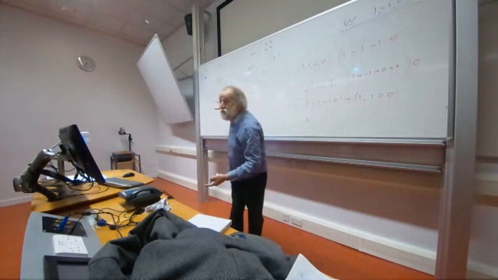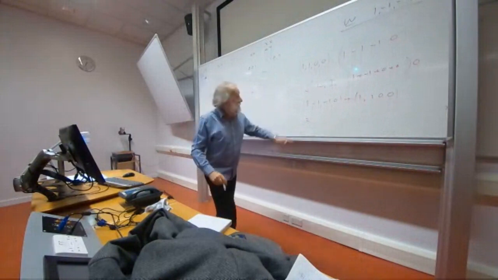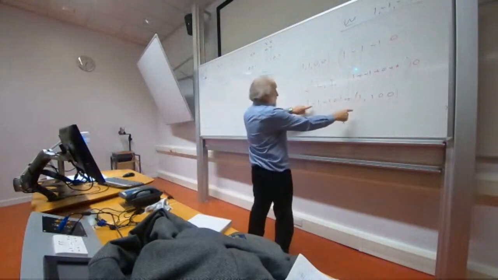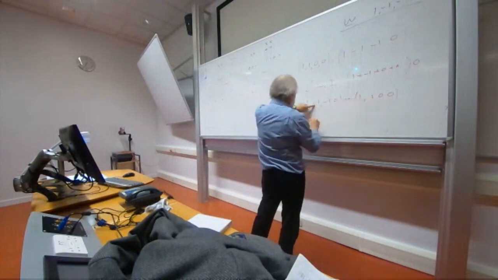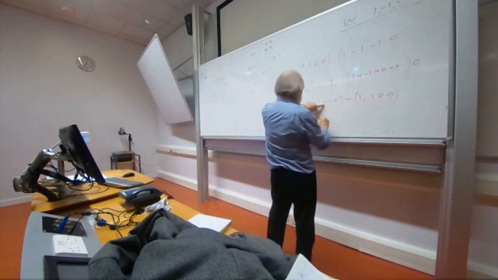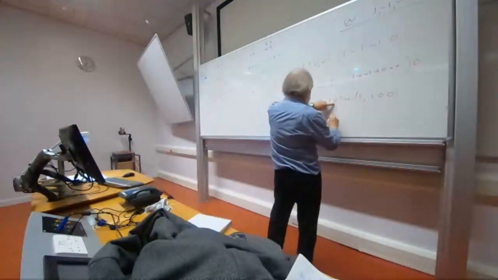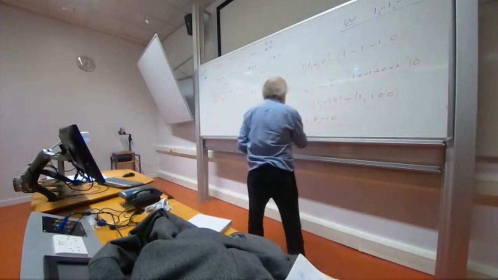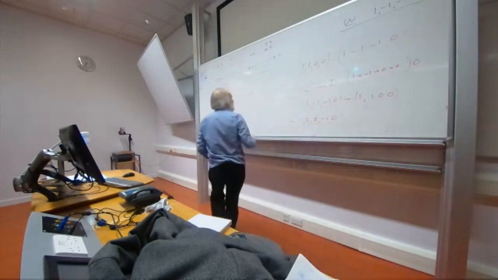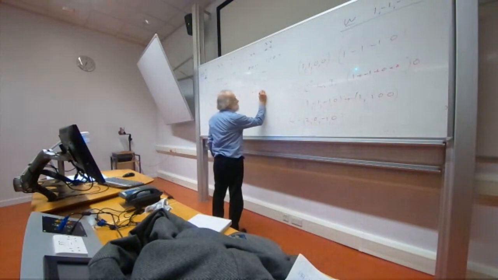Even though we're using binary inputs, it's an analog method. It's going to give us 2, minus 1, minus 1, minus 1 times plus 1 is 0. Minus 1 plus 0 is minus 1. 0 plus 0 is 0. That is my updated weight vector, W prime. And so W prime now becomes 2, 0, minus 1, 0.